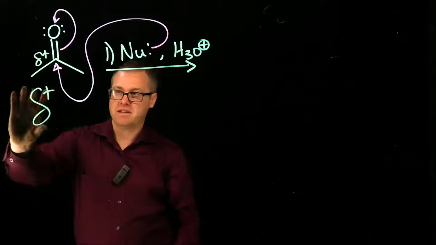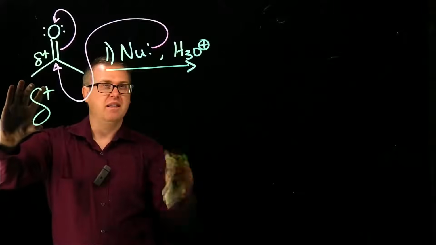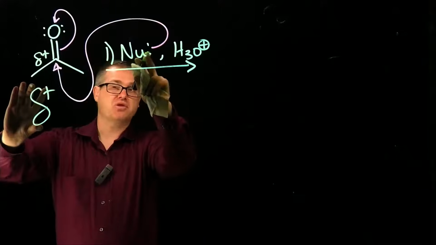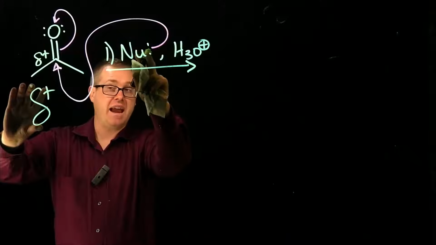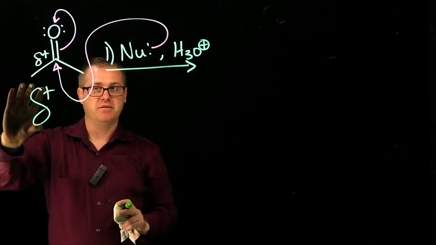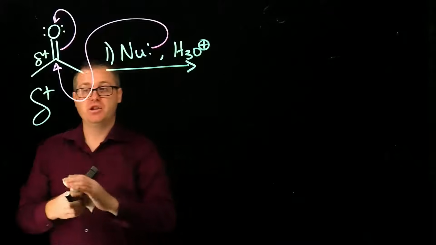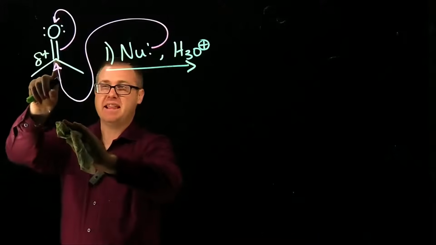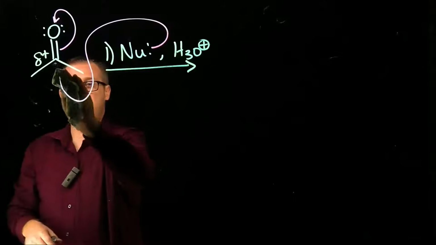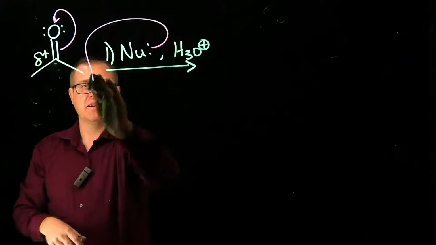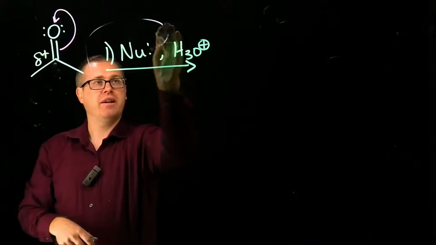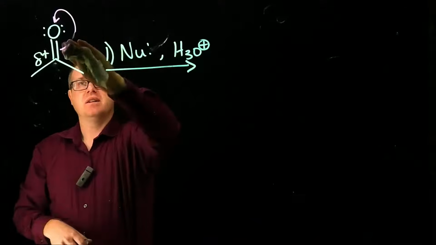If it's bigger, then that nucleophile is able to attack that carbonyl. So that's what the acid is going to do for us. It's going to make the carbonyl carbon more electrophilic so that the weak nucleophile can attack it.